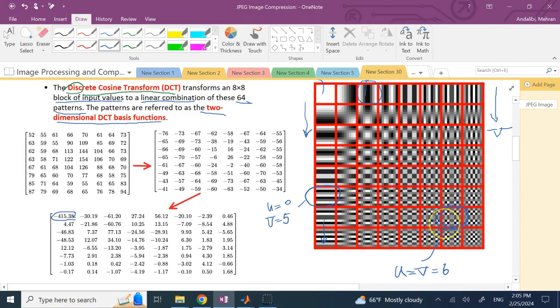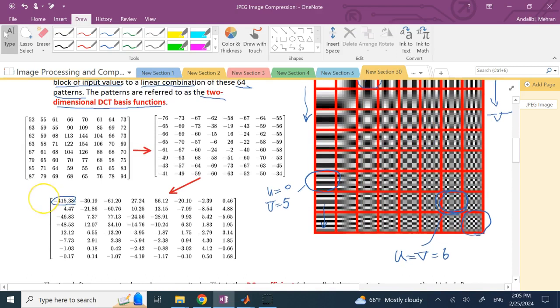So this captures both x and y frequencies, and you see oscillation happens in both of them. It's like this last one, which is 7 and 7, this is like a chessboard basically. So you can capture the frequencies in both directions. That's what this one does.